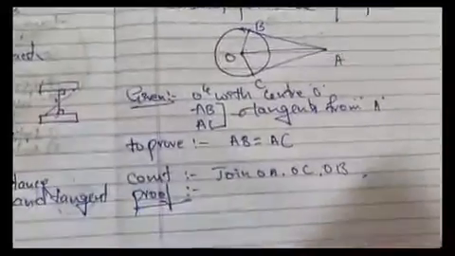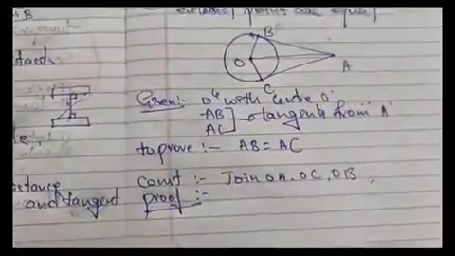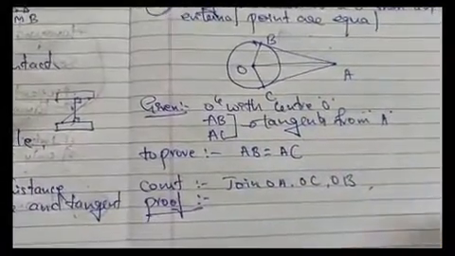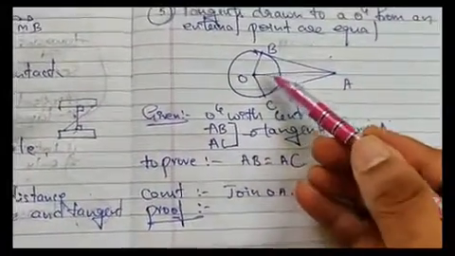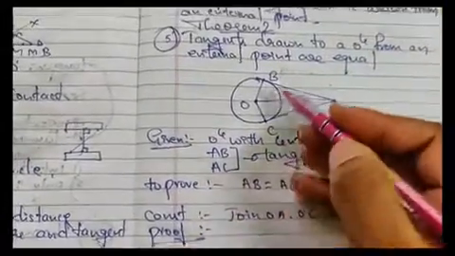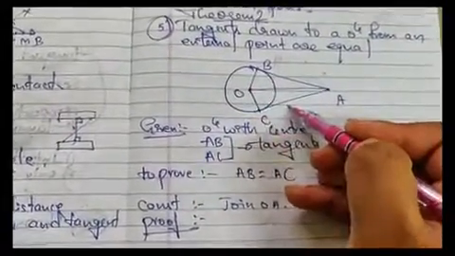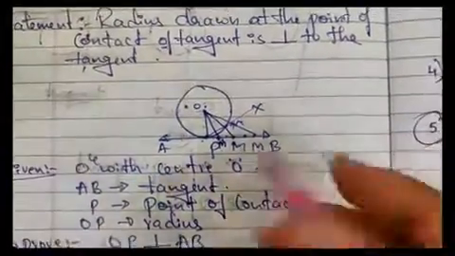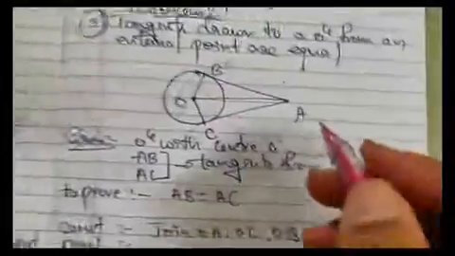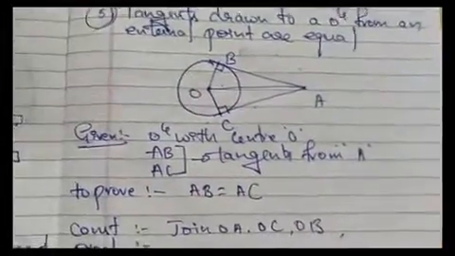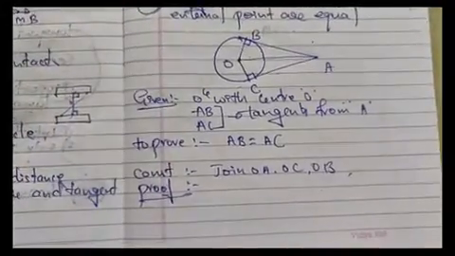Can you see any plane figure which you can identify from this diagram? The whole diagram is divided into two triangles. What type of triangles? How is the radius to the tangent? As we have proved here, the radius is perpendicular to the tangent. Similarly here, it is perpendicular. So we have got two right angle triangles.